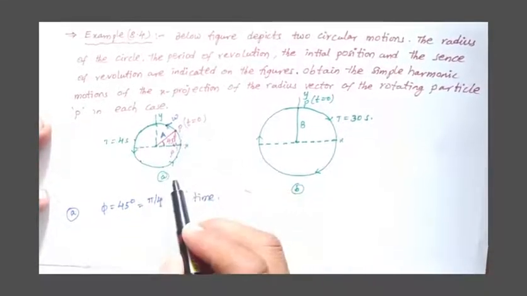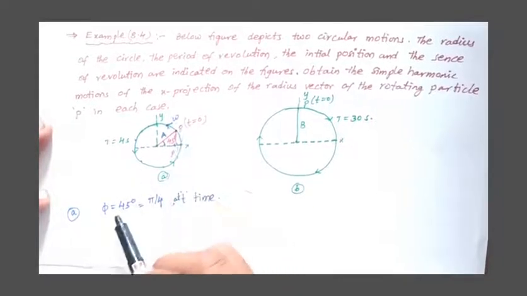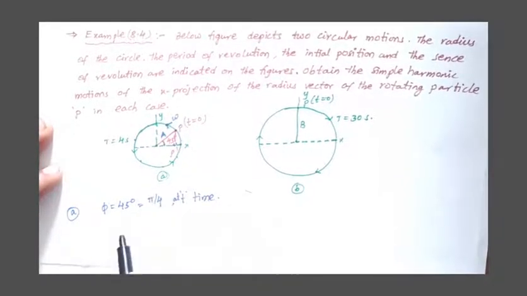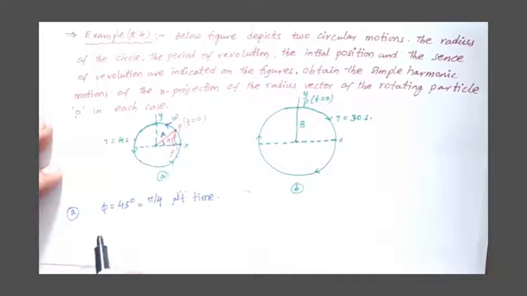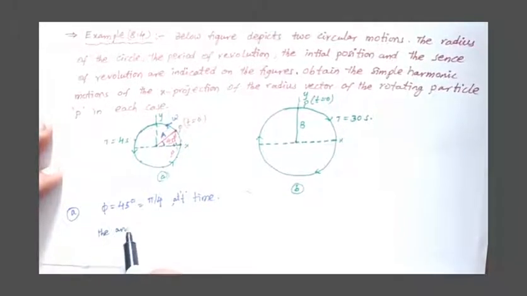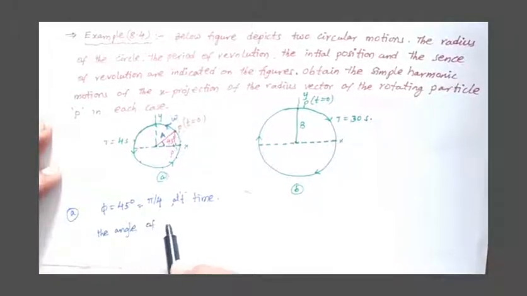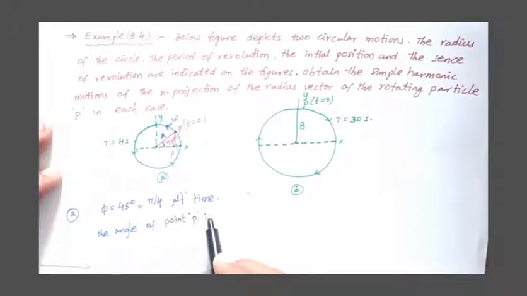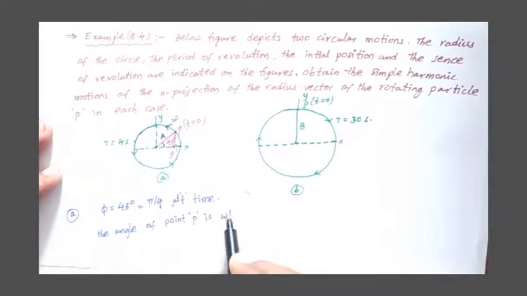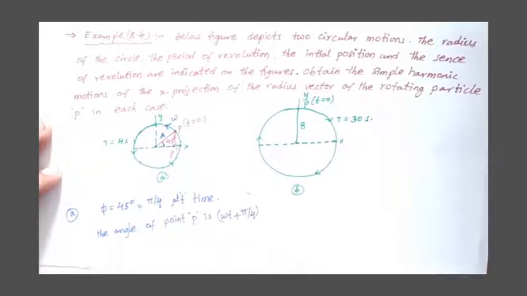Here the angle is omega t, and the initial angle is phi. So at time t the angle of point P is omega t plus phi, which is omega t plus pi by 4.